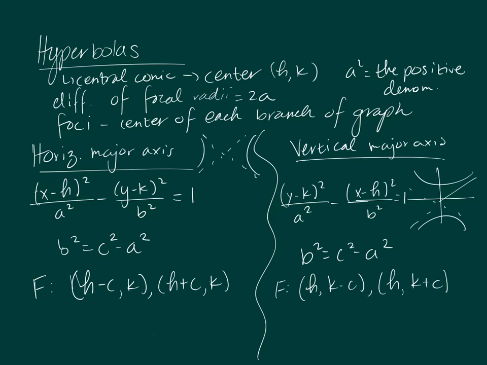All right, so let's look at some examples. So we'll get to graphing later. First, let's look at finding the equation of a hyperbola given the foci and focal radii. Okay, so if we look at 4a on the study guide, we've got the foci of (square root 22, 0) and (negative square root 22, 0), and then the focal radii difference is 2 square root 6.